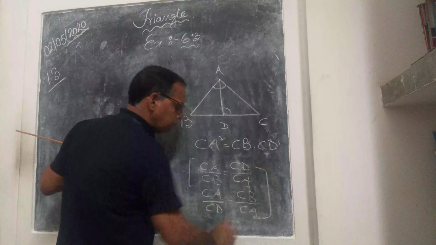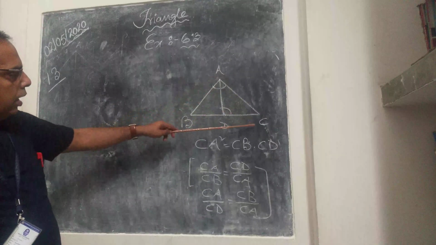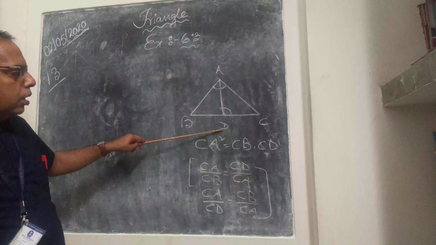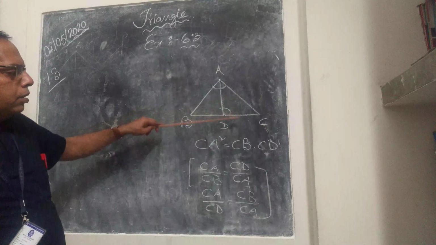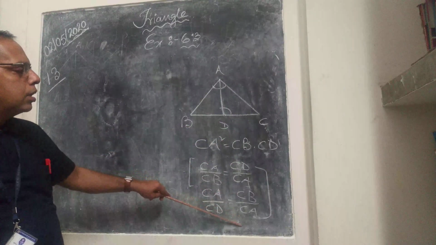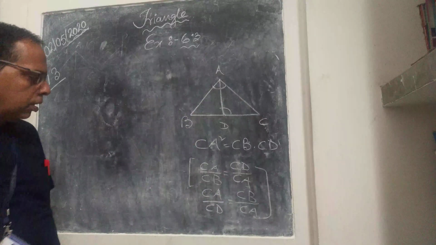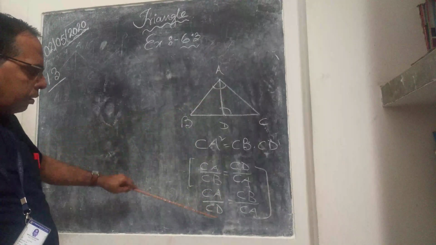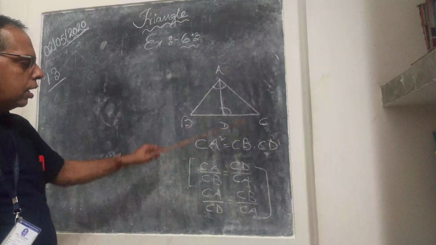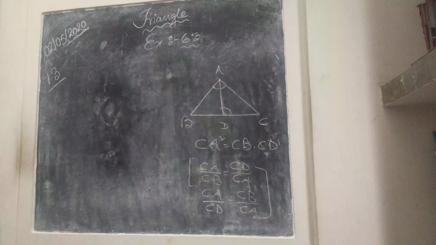If we consider that this is the base, this is also the base, then CB by CA. This one is for this triangle, once again for triangle ABC, and CA for triangle ADC. So now let's start with this question.